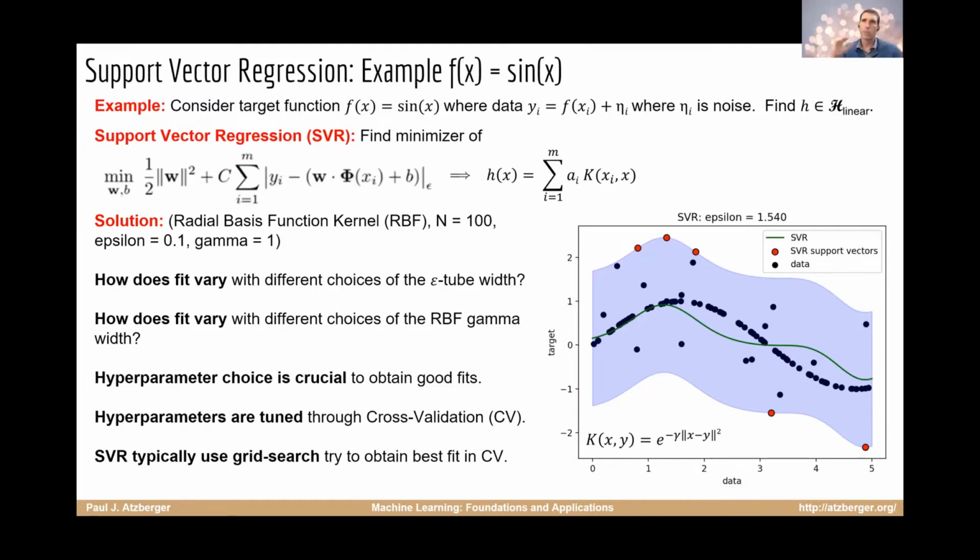When I did some tuning, I found that around 1 was very nice for the sine function because it has relatively low frequency oscillations on the scale I'm showing here. The blue region is the epsilon insensitive region. In this case, the green curve is being determined by only 1, 2, 3, 4, 5 points. Those are the support vectors showing up in the representation formula.